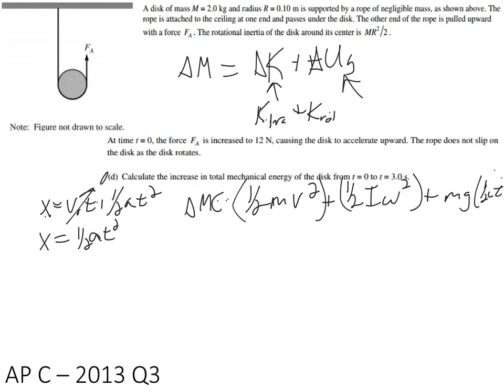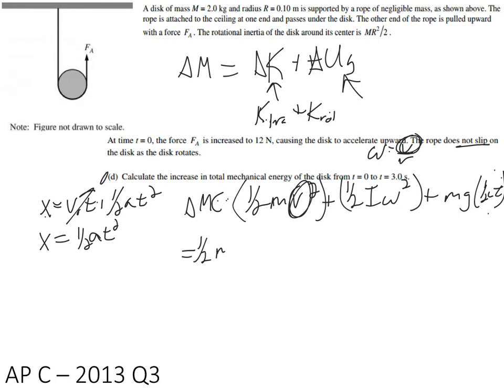Oh, got a little cut off there. Alright, and this is basically the whole thing. Combine all these things. Remember, it does not slip, so that means that when I use omega equals v over r, this v is the same as this v.